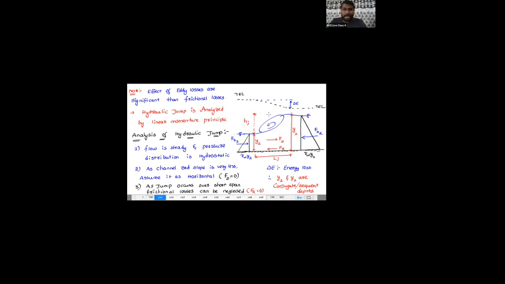So when we create the hydraulic jump, which is our concern, the flow is converted from supercritical to subcritical, and due to this reverse flow, some portion of the energy will decrease. As some portion of the energy decreases, the net energy in the flow will be less, and as the flow is subcritical, it won't cause much effect to the downstream bed.